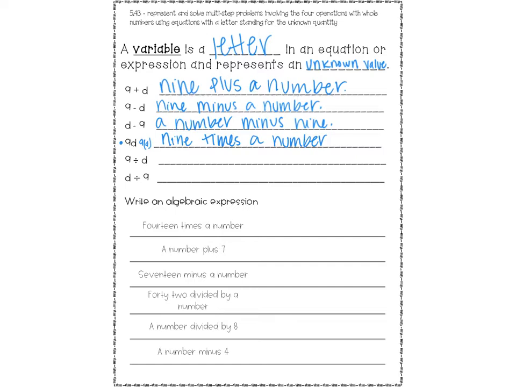Our next one says 9 divided by d. So this one would be 9 divided by a number. Our next one says d divided by 9. So this would be a number divided by 9.